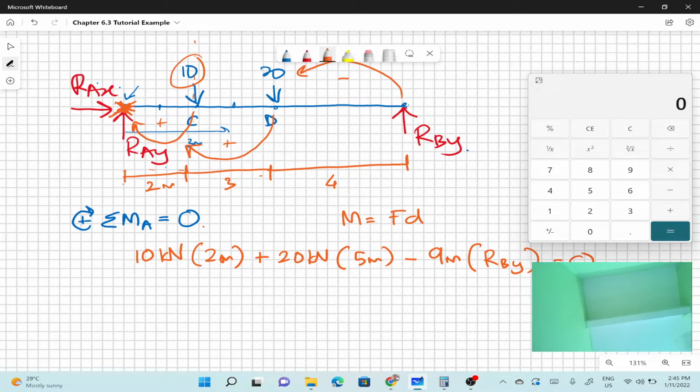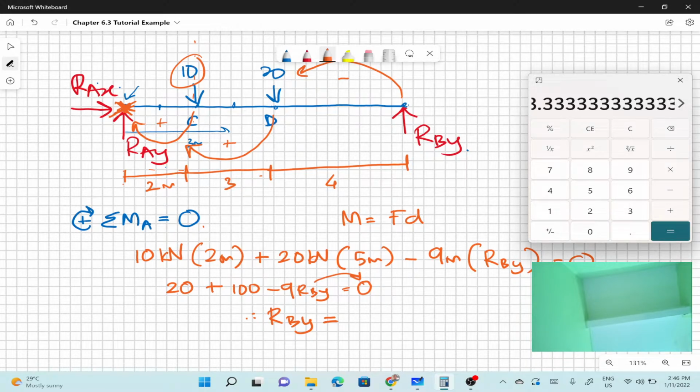Okay, so we want to solve this, so we're going to have 20 plus 100 minus 9 RBY. Therefore, our RBY is equal to, I'm going to quickly do the math, 20 plus 100, which is 120. Then bring 9 over here and put down 9 at the bottom, so divide by 9.